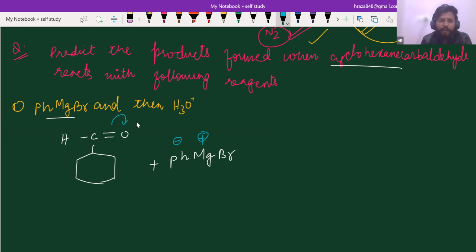Again, there will be negative, there will be positive. Make sure the opposite charges attract each other. So you can see this CH will combine with Ph. With this, you can see that there is O minus, Mg plus, and Br. And if you do the hydrolysis, it's H3O positive.